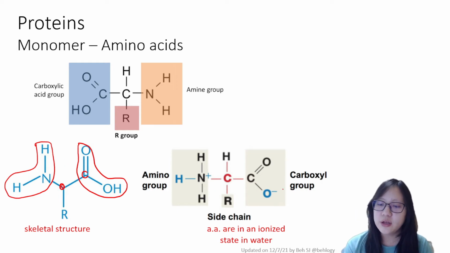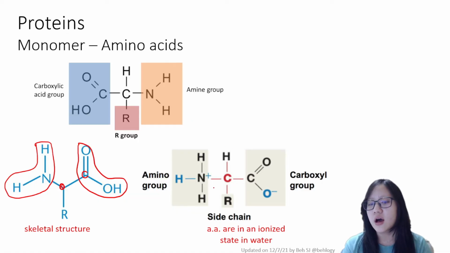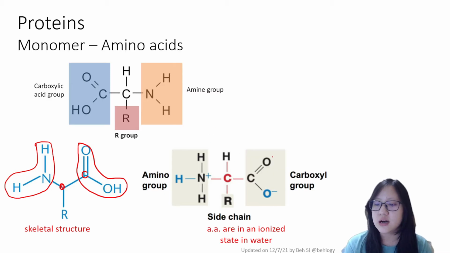Now, this is another way to draw it as well. This is amino acids in the ionized state in water. And this really shows you how amino acids can act both as an acid and as a base, because as you can see here, the H in the carboxylic acid group has dissociated, so it forms COO negative.